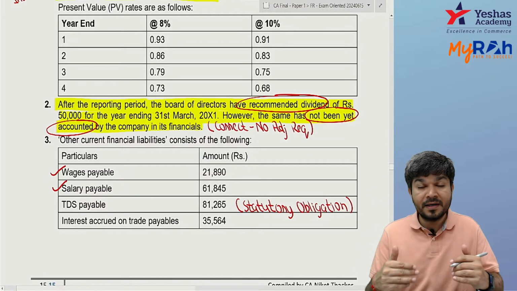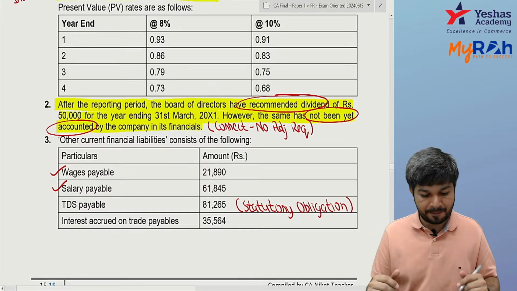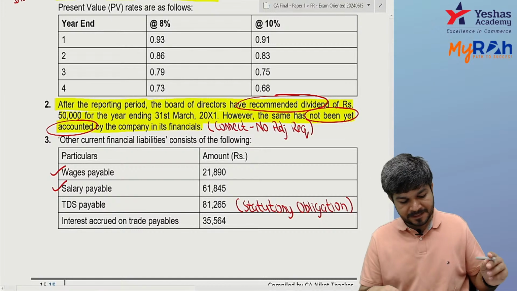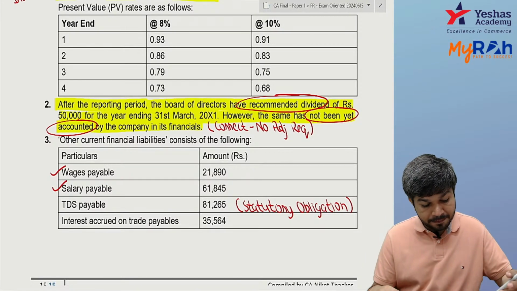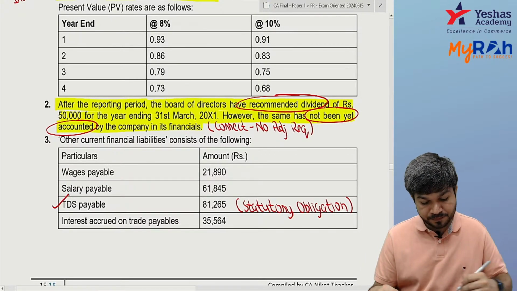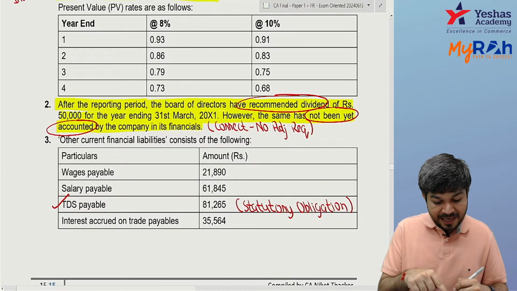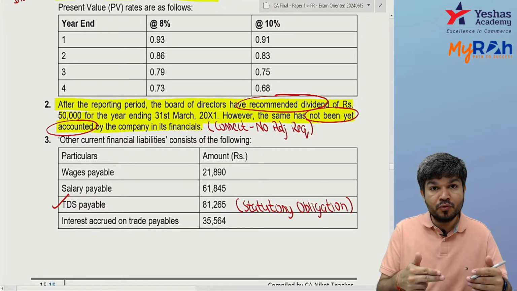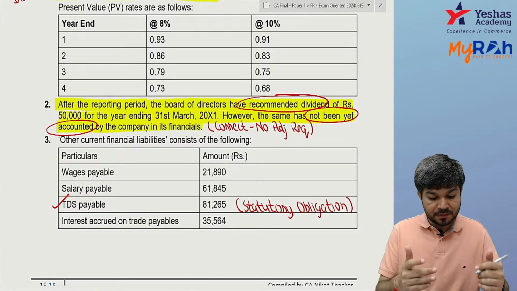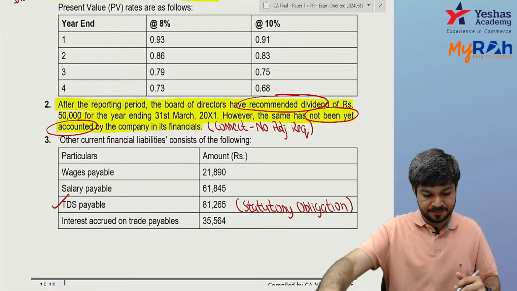It will come under other current liability. So here there is a change. I have to remove 81,000 from other financial liability. It will appear under other current liability.